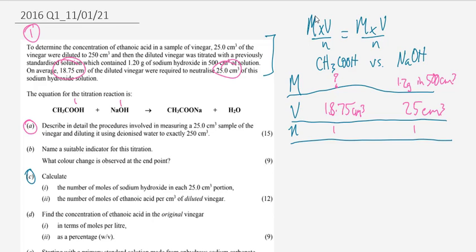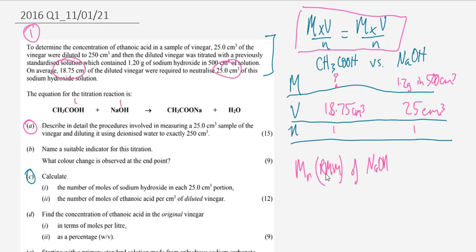So rather than jump into fully employing this equation, because I'm only asked for the number of moles in 25 centimeters cubed rather than a liter, I might just forego using that formula. So I need to convert mass to moles, so I need the relative molecular mass, or RMM, of sodium hydroxide.